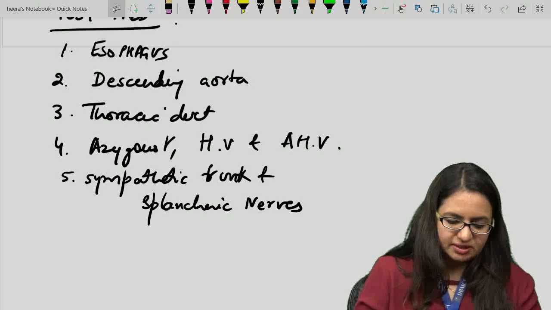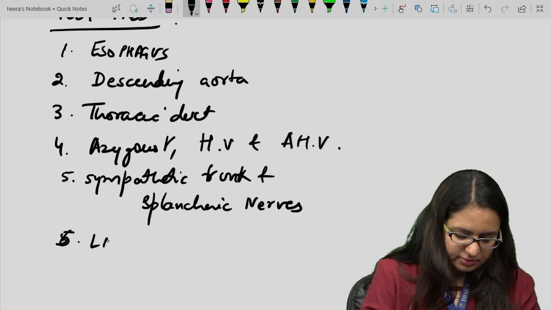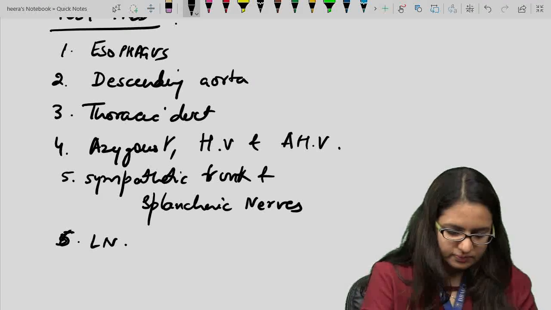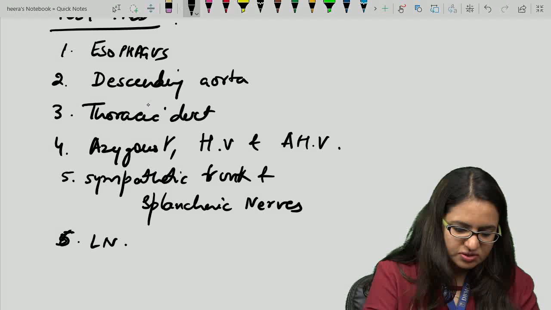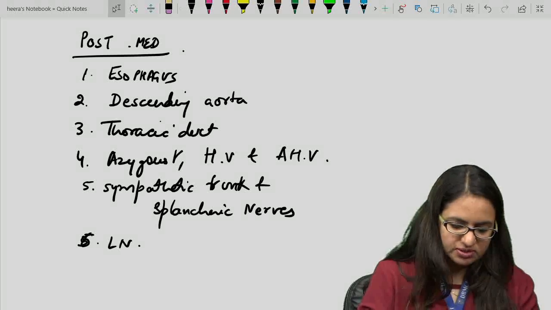Then on the posterior side the posterior mediastinal lymph nodes are also included. So these are the main components of the posterior mediastinum.